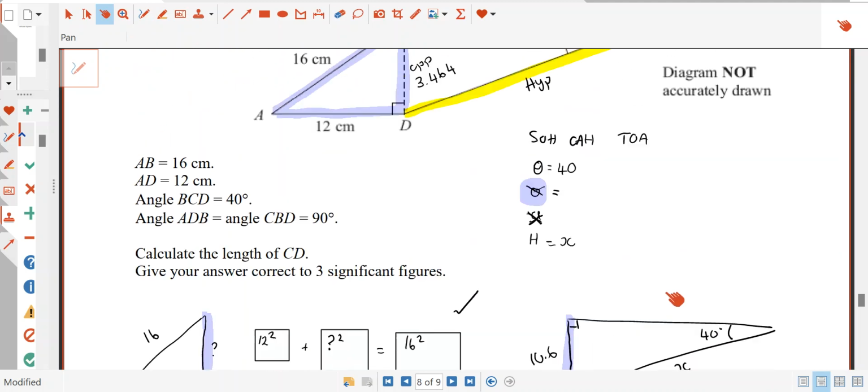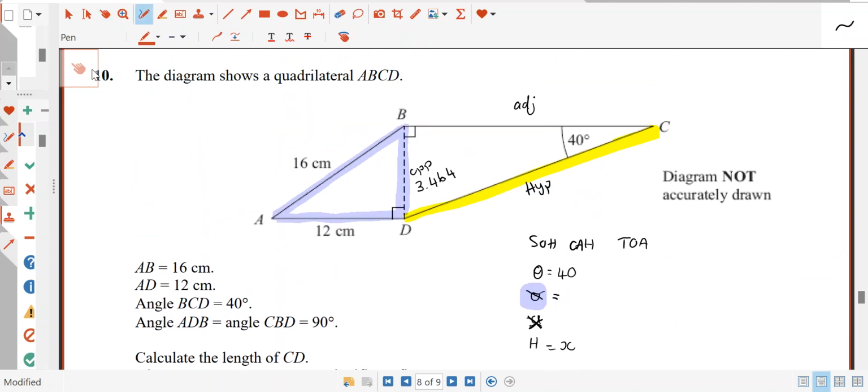I'm going to go back up here and say that's 15.6 and just ask, does it make sense? Well, that looks an awful lot longer than that, but is that a problem? The diagram is not drawn to scale, not accurately drawn, but the number 15.6 is in the right kind of area.